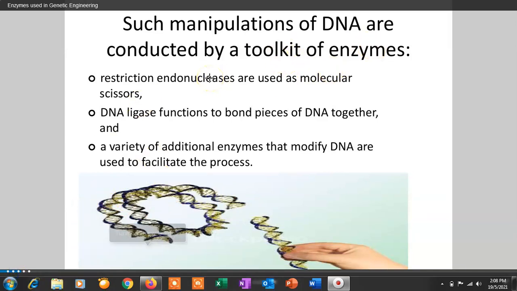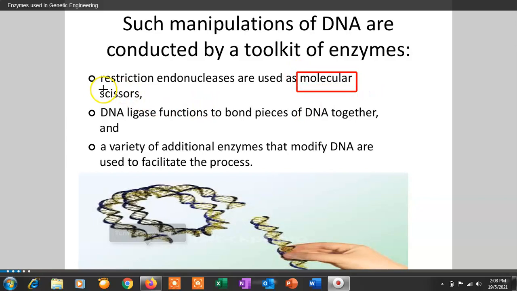These are conducted by a toolkit of different enzymes. The restriction enzymes, also called restriction endonucleases, are used as molecular scissors.